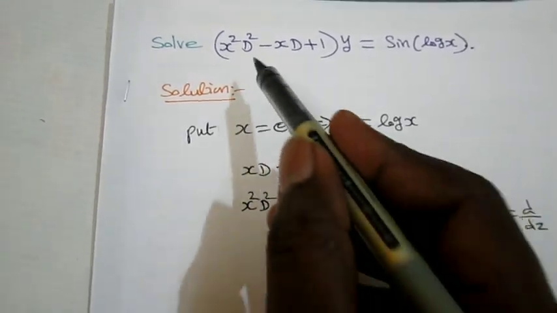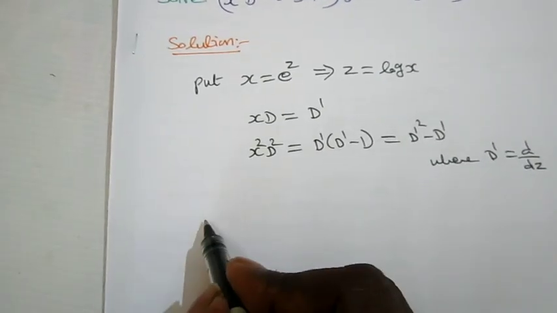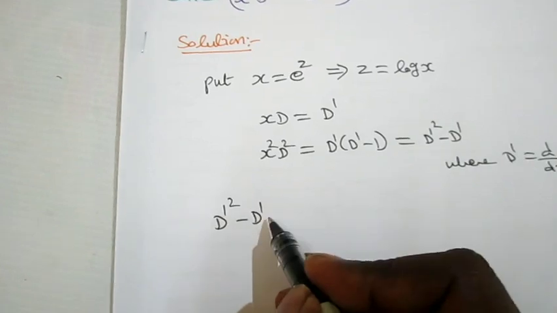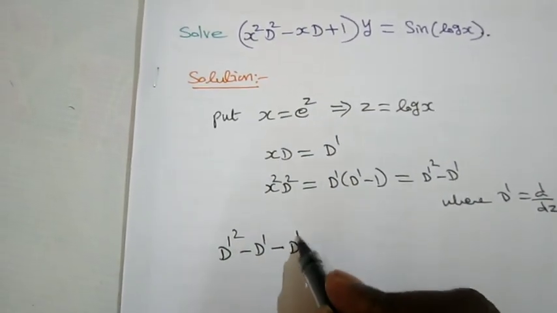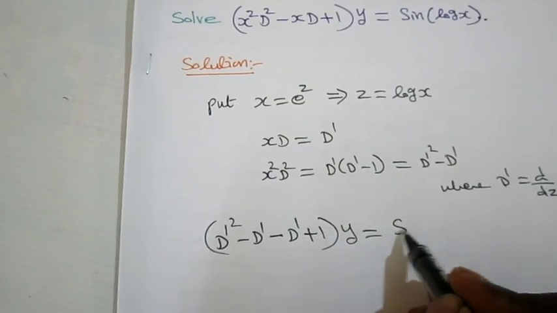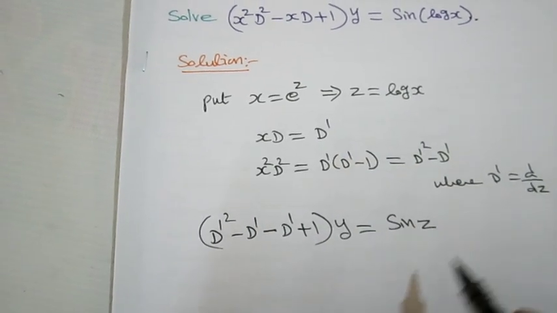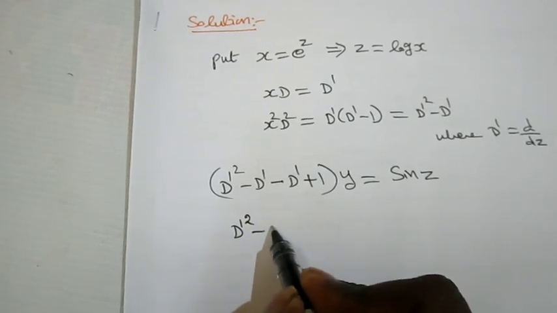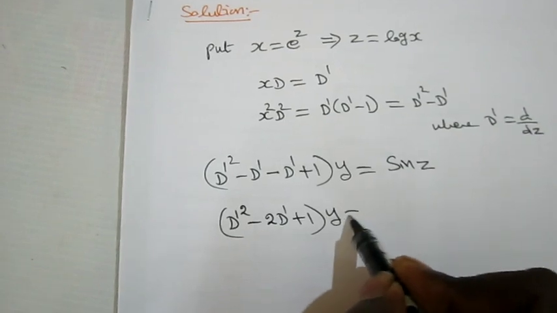Substituting these two values in the given equation, x²D² is D'² − D', and minus xD is minus D', plus 1, into y is equal to sin of log x, that is sin z.